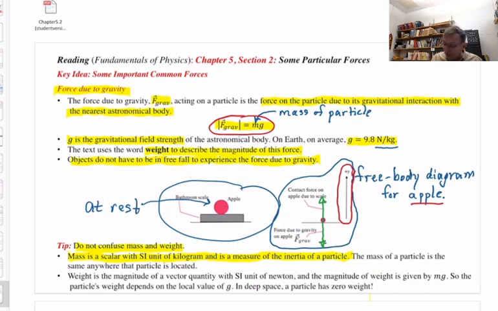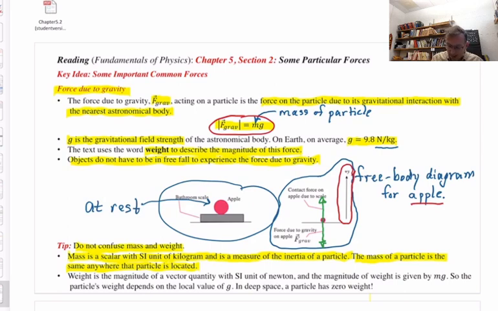Here's a very important point about mass. The mass of a particle is the same anywhere that particle is located. If I have an apple sitting on Earth, and I use a pan balance to measure its mass, it has a mass of a kilogram. If I take that apple anywhere else, I can't destroy the apple, I can't cut chunks of it away or anything, it will have the same mass, no matter where you take it.